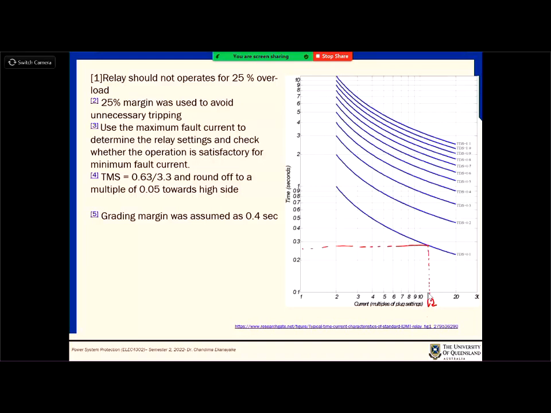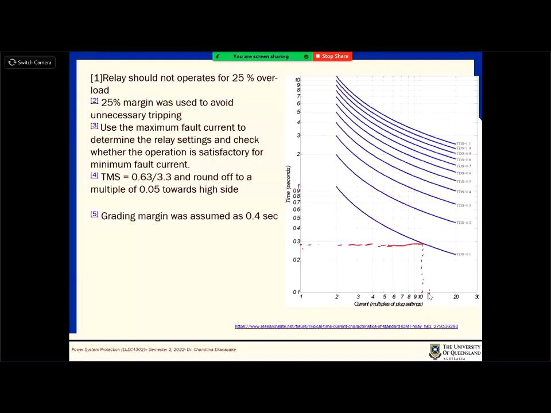But here, roughly, hold on, yeah, this is roughly somewhere here, close to 0.3.